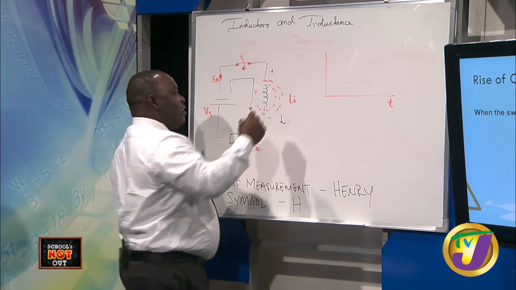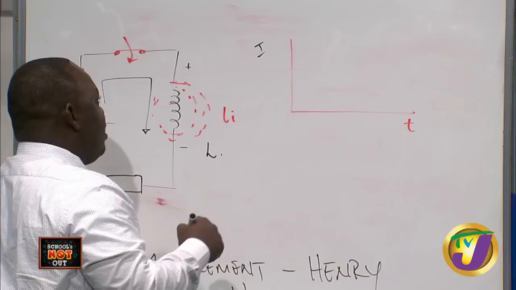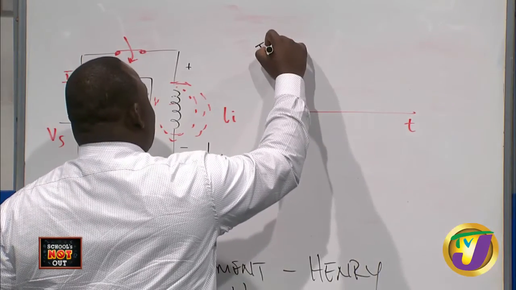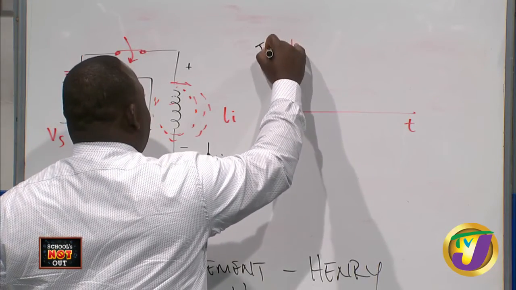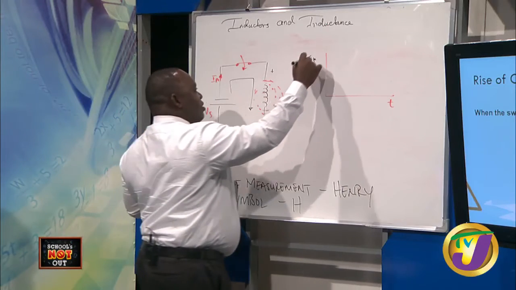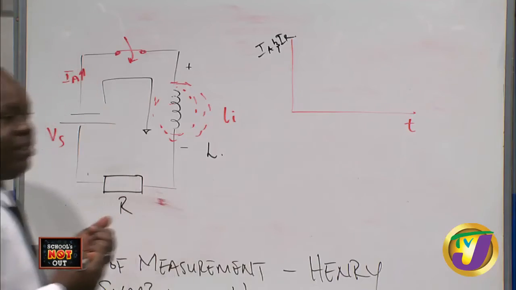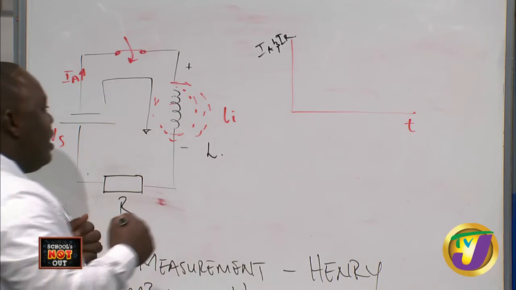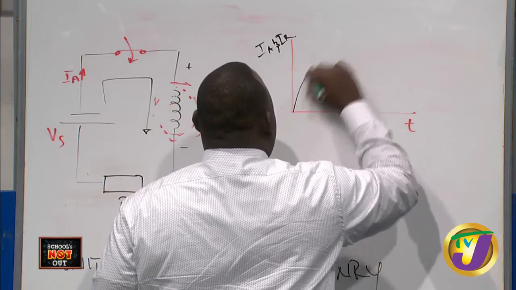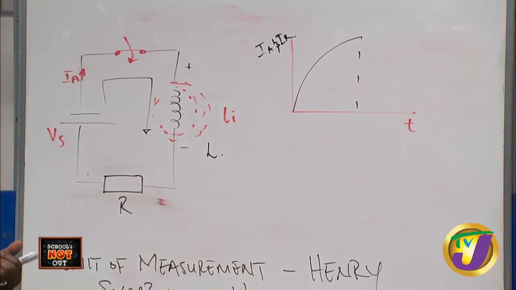So if we look at I, which is our current, this could be our I applied. If that is our I applied, then this also represents our IR because it's a series circuit. So this current will be rising, and it will be rising exponentially. Very important that we bear that in mind.